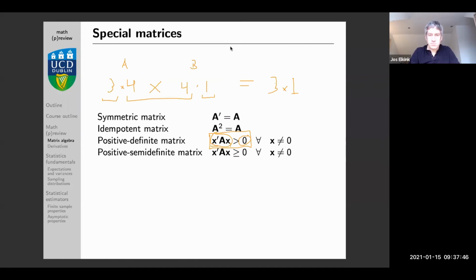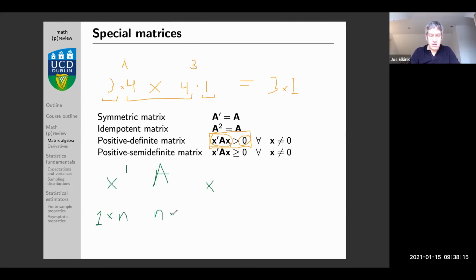So if we take a matrix that looks like this, x prime A times x, then this x prime is a matrix that is 1 by some number, by 5, say, or by n. This has to be a square matrix, otherwise this whole operation doesn't work.